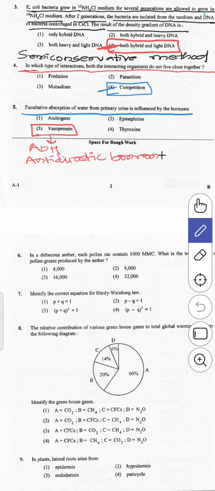These hormones are mainly released by the posterior pituitary. So this vasopressin or ADH will help in the absorption of water from primary urine. So for this question, 3 is the right answer.